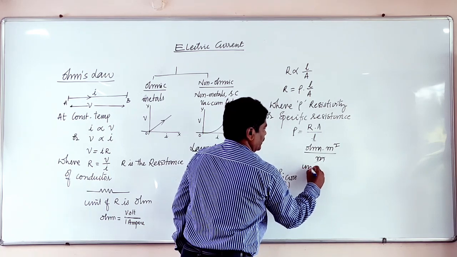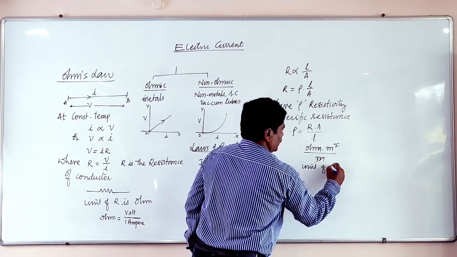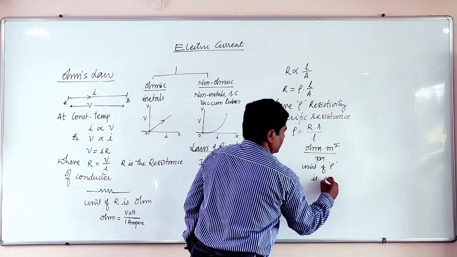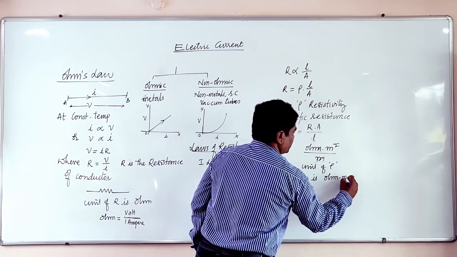The unit of specific resistance or resistivity is ohm meter.